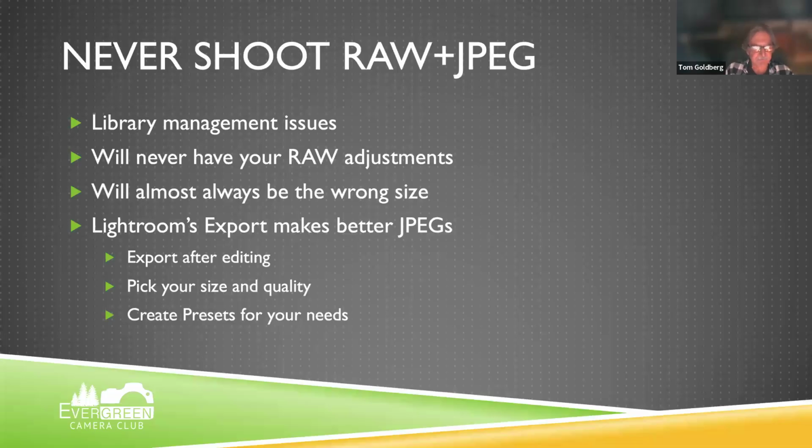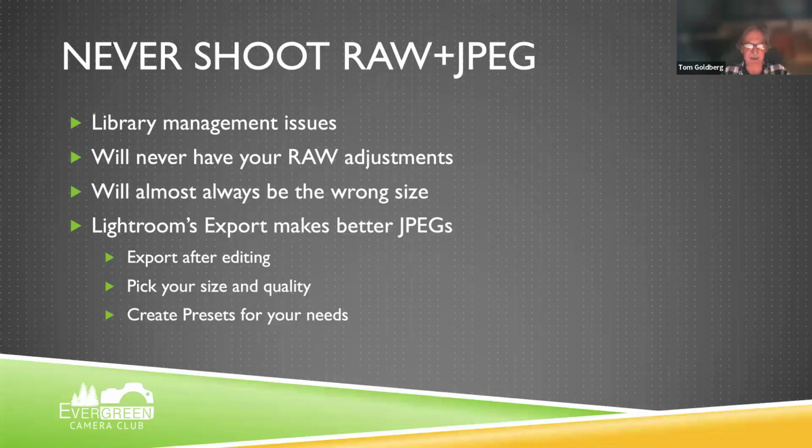The other thing is whatever JPEG size you have your camera store, it's not going to be right for what you do. I use 3 different sizes for JPEGs. I use 1200 pixels, which I call a 1K image, and that's for anything I'm going to email to somebody or post on the web.